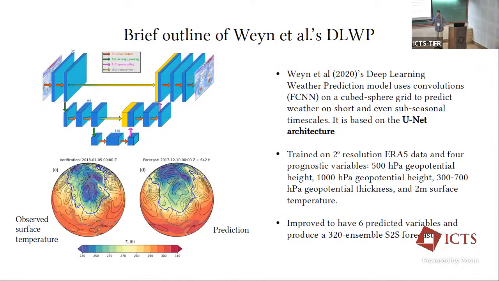So they initialize their model on 10 December, and then they let it evolve and generate the forecast for 25 days or so. When you compare the prediction with the actual truth, it's not that bad. I mean, the large scale features are there, even though the wind might be really off. The wind is shown in these black curves, and the colors show the temperature. So it still works pretty well.